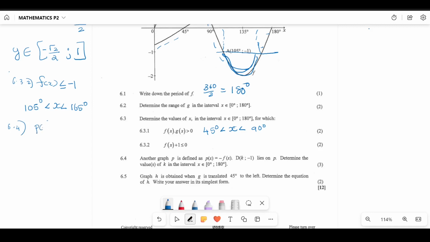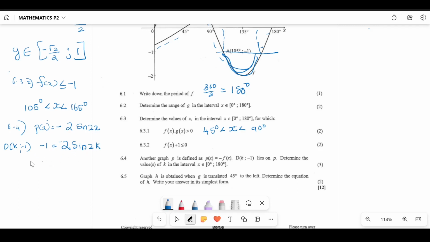P of x is negative f of x. That means p of x is negative 2 sine 2x. Let us substitute the point D(k; negative 1) into p of x. So y is negative 1, x is k, negative 1 equals negative 2 sine 2k.